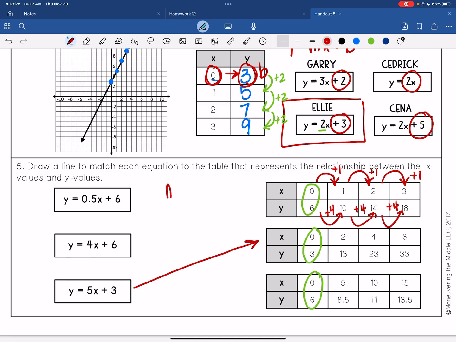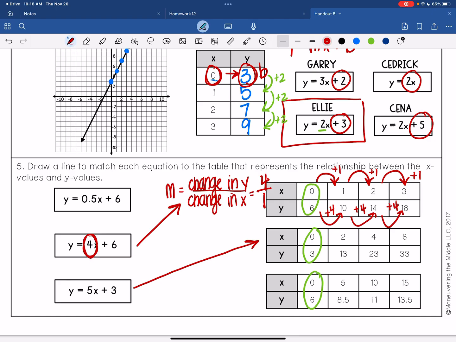So when I do m, which is change in y over change in x, I end up getting 4 over 1. That's just 4, right? So I know these two go together because this has m equals 4.